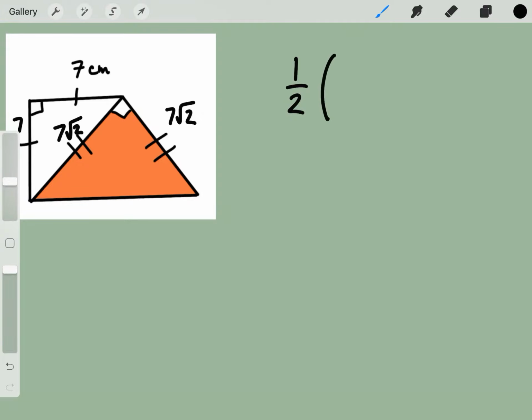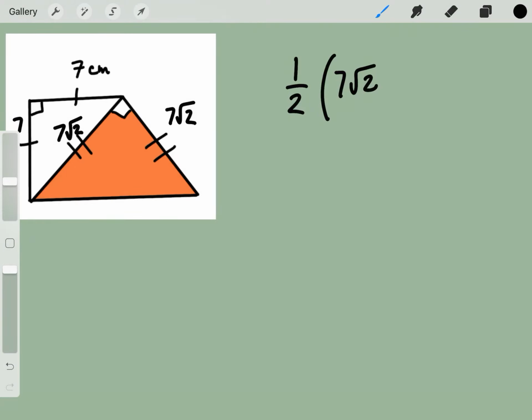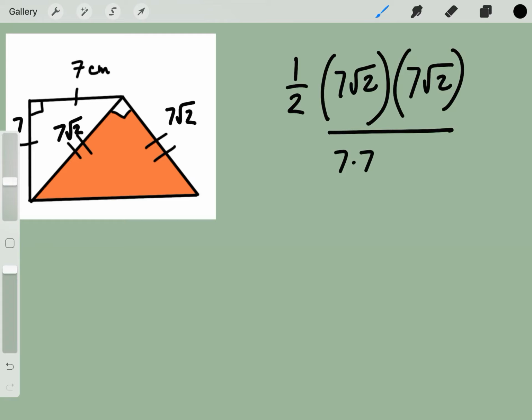So it's 1/2 base, which is 7 radical 2, times 7 radical 2. Now when you do this, I'm going to multiply these two together. Whatever is outside the radical can get multiplied together, so 7 and 7 are getting multiplied together. Whatever's inside a radical can get multiplied together, 2 times 2. So 7 and 7 become 49, radical 4.